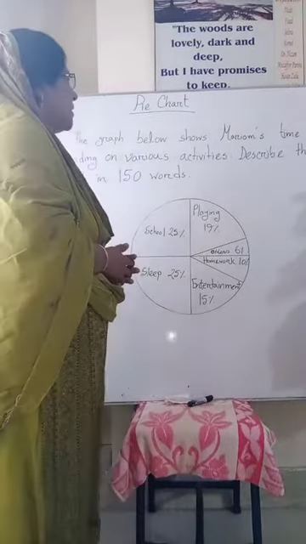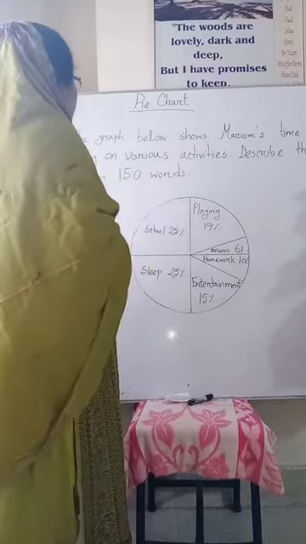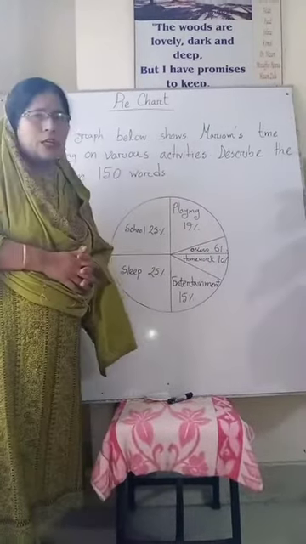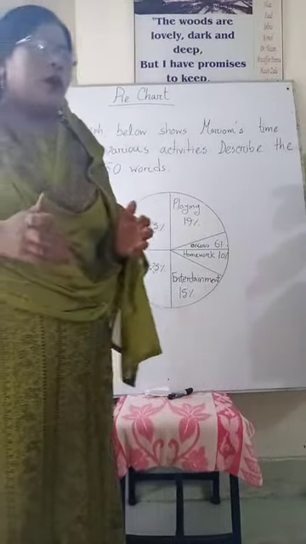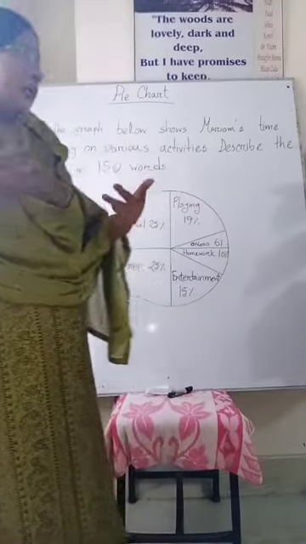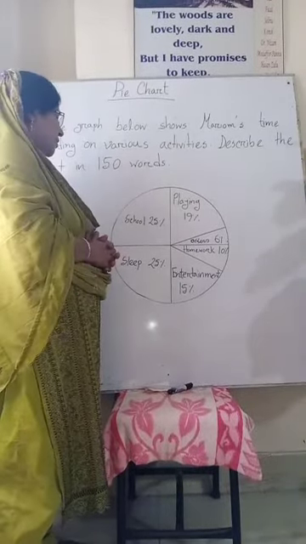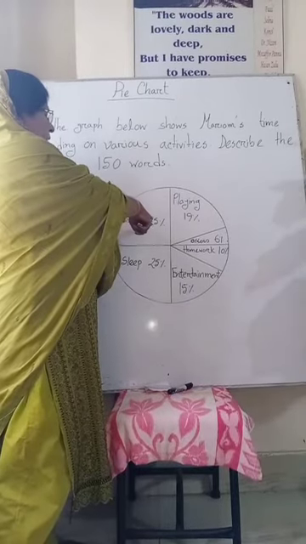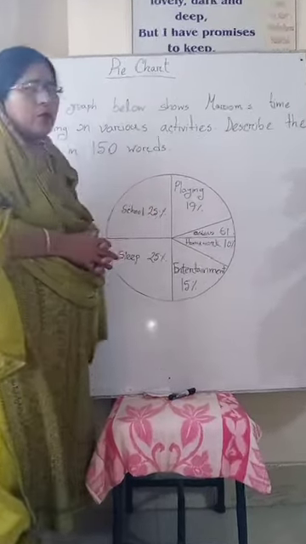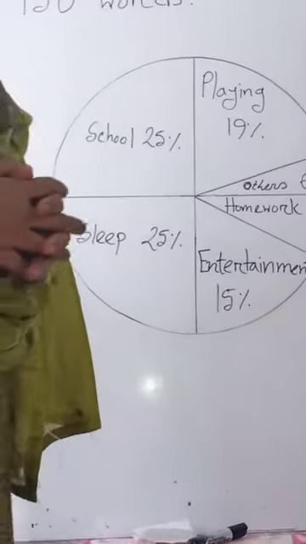Here we find a pie chart about Morium's time spending on various activities, or here we find Morium, a girl, whose daily routine is shown. First, she spends 25% time for schooling.